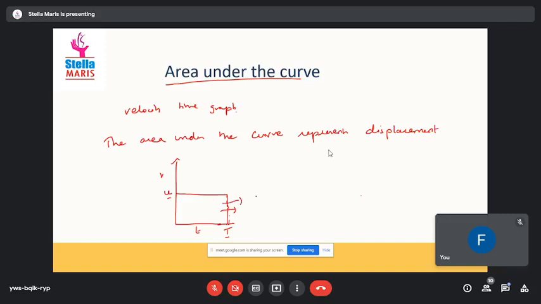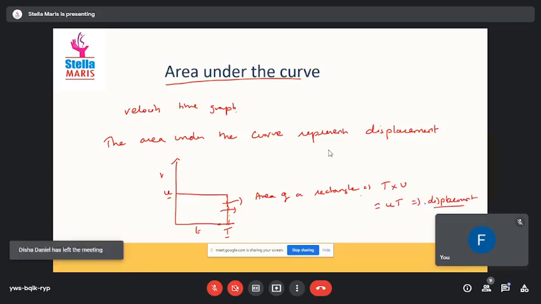So what is the area of a rectangle? Length into breadth, sir. Yes. And what is length here? Length here is t and breadth is u. So ut is nothing but displacement. So the area under the curve in the velocity time graph gives what?